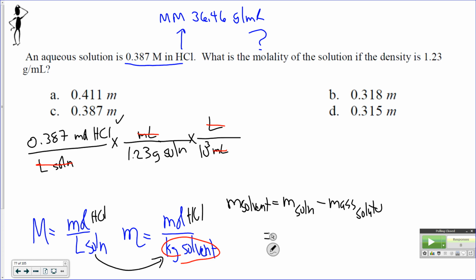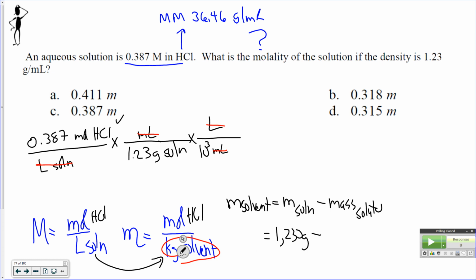Okay, so we know the mass of the solution, if we assume that it's a liter of it, we multiply that out, that's 1,230 grams.